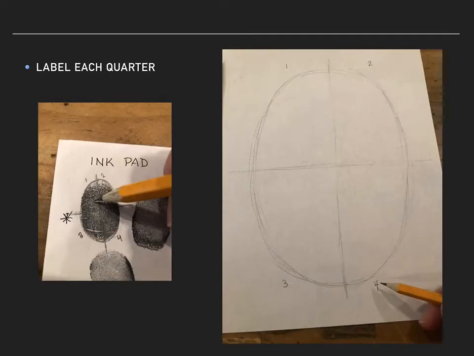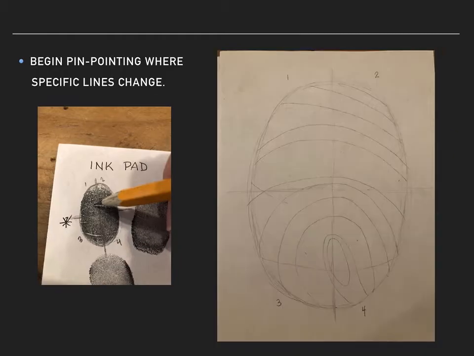But anyway, I would look closely at your thumbprint as you're working and go back and forth between each. My suggestion would be to begin pinpointing where specific lines change. I wouldn't start with one area and then continuously add from there. I would spread it out. You can see I started with this circular area here, but then I didn't draw lines in between all of this, because I was just trying to figure out how it comes around.